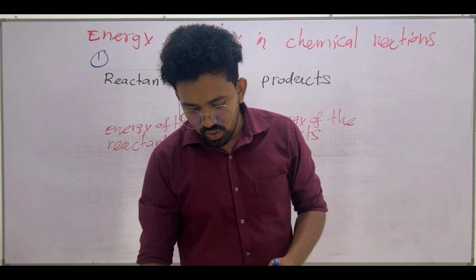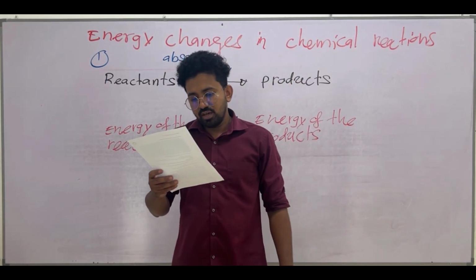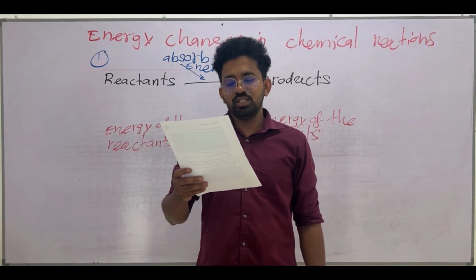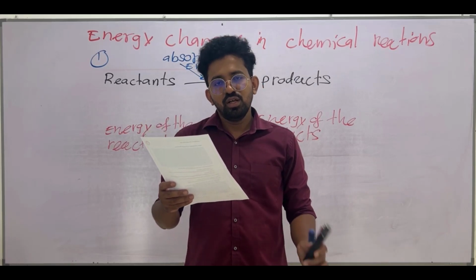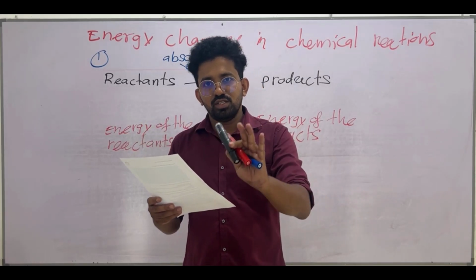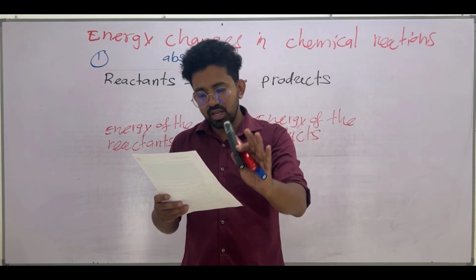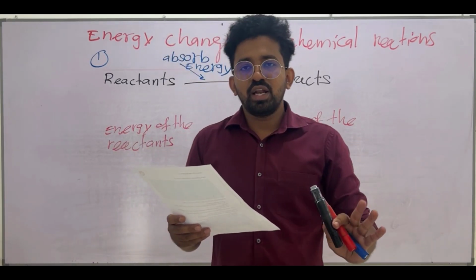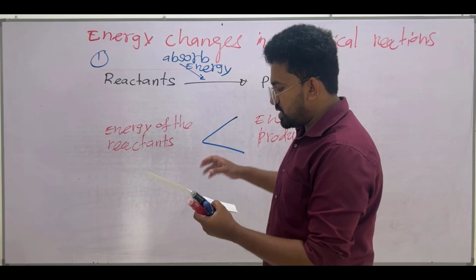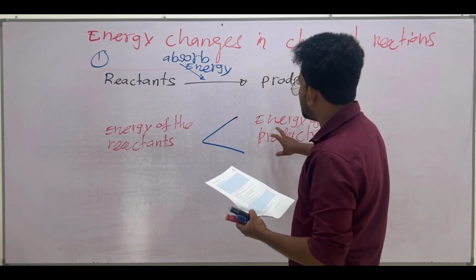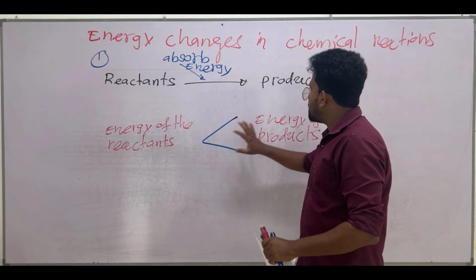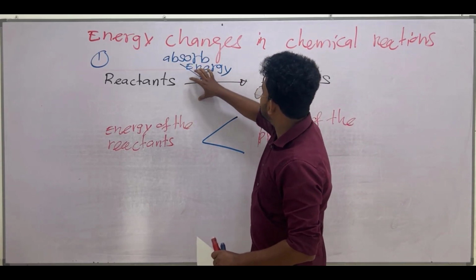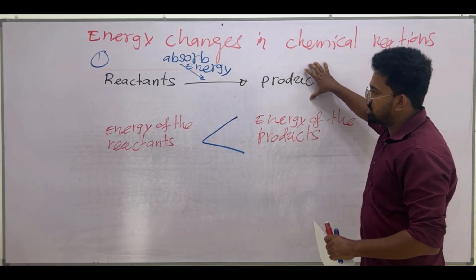So let's go to the note. The first one: reactions that absorb energy, we call endothermic. Don't worry about the name, I'll teach about endothermic and exothermic later. In reactions that absorb energy, after the reaction the energy of the system is higher than before. The reactant absorbs energy and produces product.